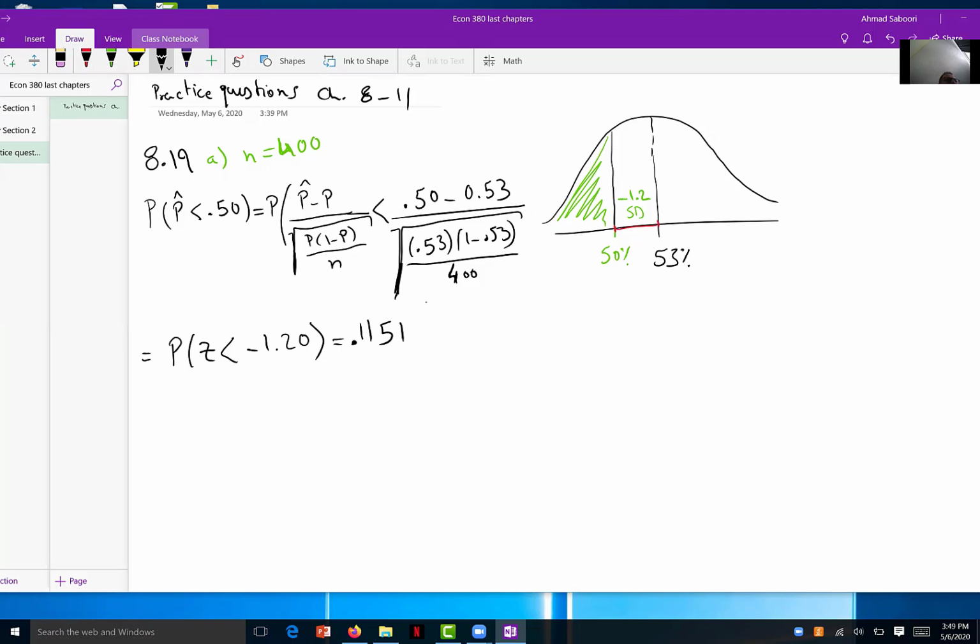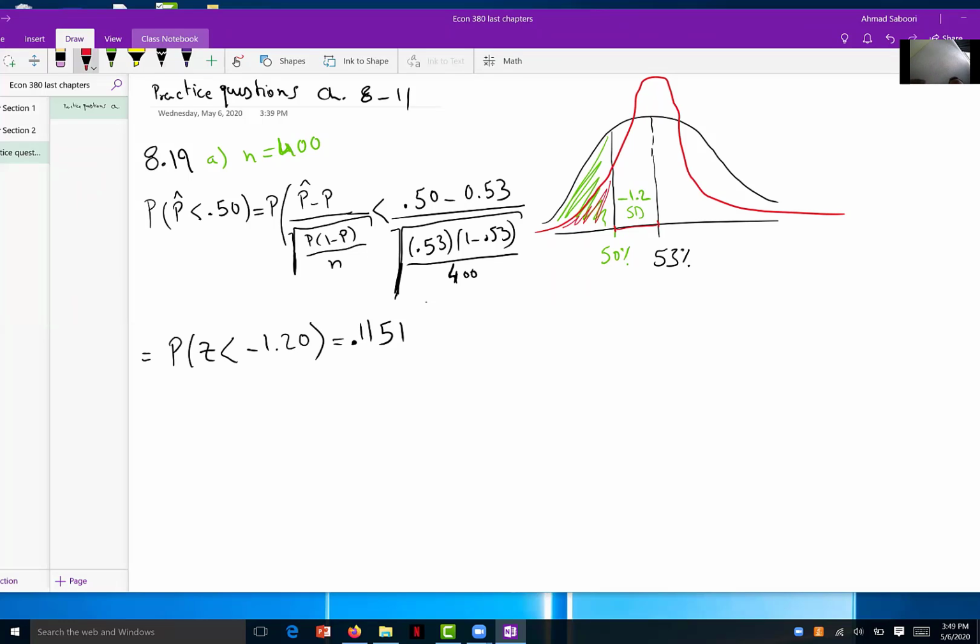Now in part B, it's asking, what if we get a sample size of 1,000 and we get the same result? So in a sample size of 1,000, getting 50% or less. What do you think, how will the result change? Well, a sample size of 1,000 means that the distribution is more centered around the mean, right? Which means that this probability decreases. So instead of 11%, we would get a much smaller number.